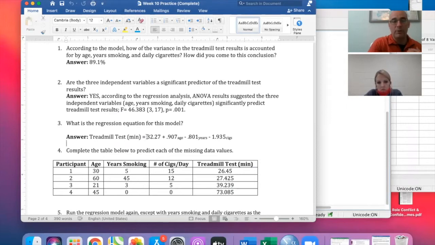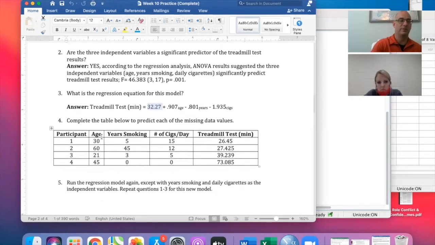So our predictor model is 32.27 plus 0.907 times a person's age minus 0.801 times years smoking minus 1.935 times daily cigarette use. Those are our 3 independent variables that, when combined with our constant, are going to predict treadmill test results.